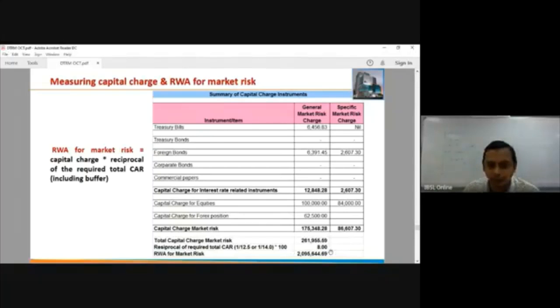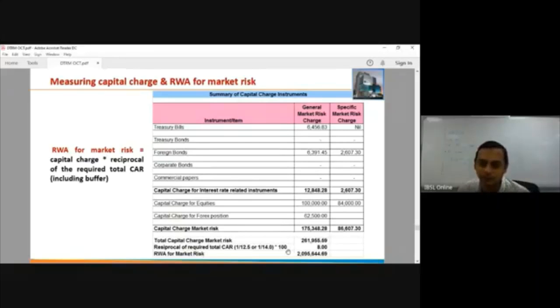And conceptually, the formula is comparing your risk-weighted assets with capital. Therefore, for every capital charge, whether credit risk or operational risk, first you need to compute the capital charge. Then the formula is already put in, and each capital charge is converted into risk-weighted assets by multiplying by the reciprocal of your total capital ratio.